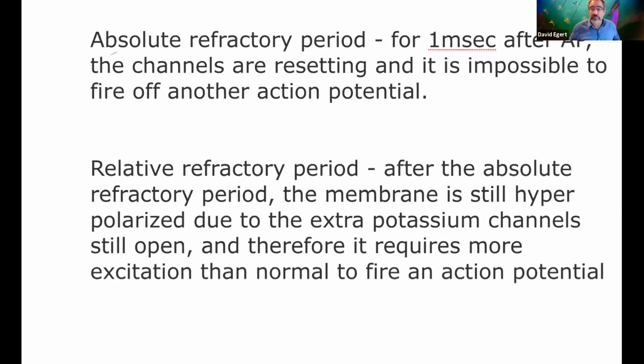You have to excite the membrane more than normal because you have these lagging potassium channels that haven't all finished closing yet. So they're pulling the voltage down, making it harder to reach threshold and fire off the next action potential. So does that make sense?